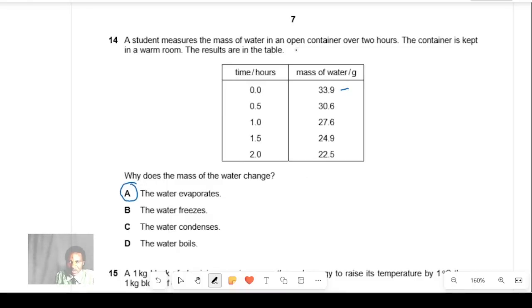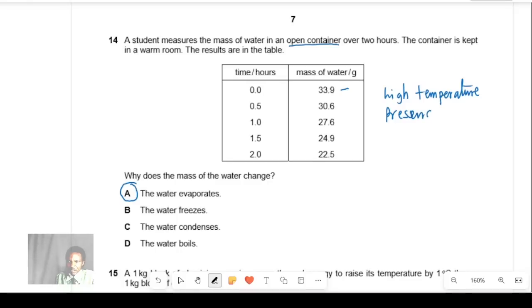Look at the question: open container. So look at the factors affecting evaporation. We have, first, high temperature, so the room is warm. Then the presence of wind.